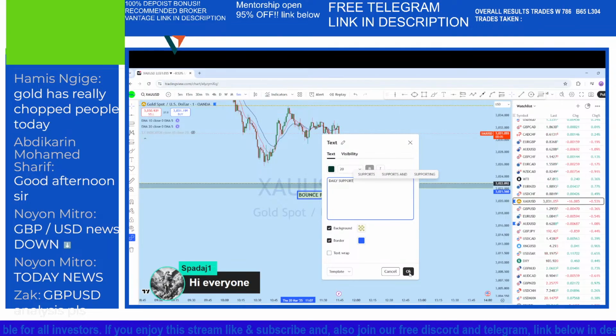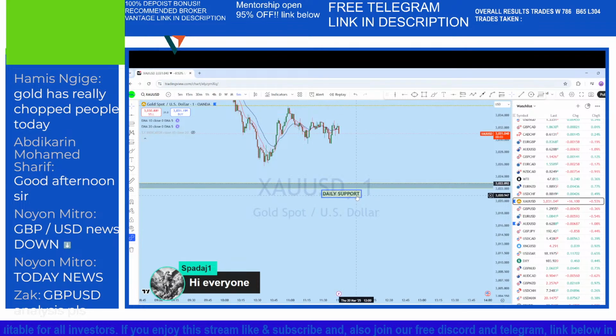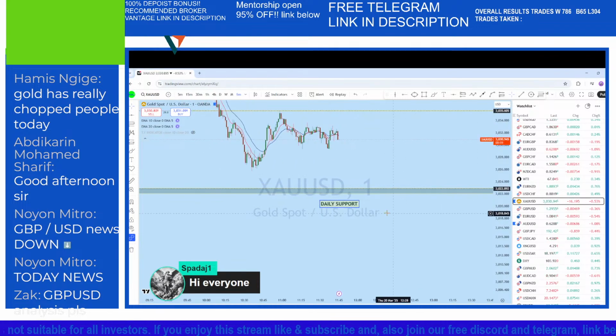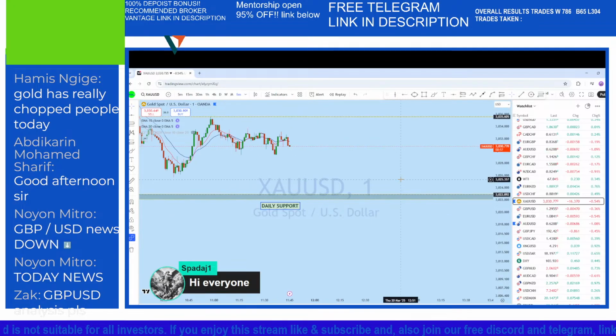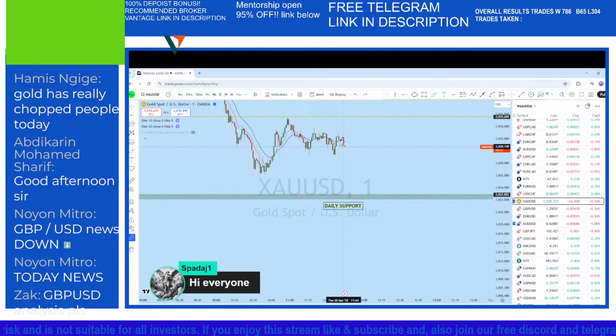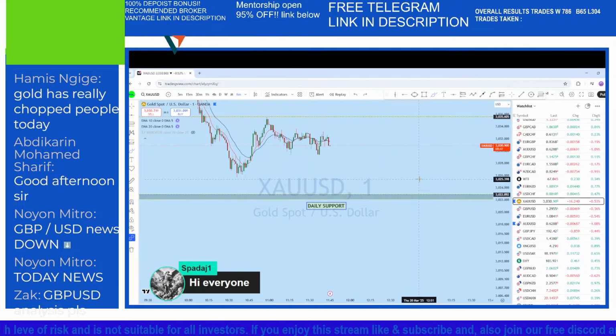Okay, so that's a daily support here. And what we are waiting for is the market to drop to the daily support, and once we see the market drop to the daily support, we'd like to see that the market has a significant bounce from the daily support, and this is what we're waiting to see.